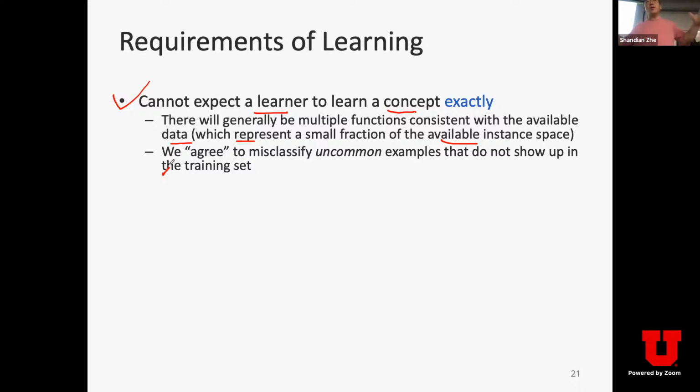That means your training data will very likely ignore those tail cases, or rare cases. Then it is likely that your learned hypothesis will misclassify those uncommon examples. This is not irrational. It's actually pretty reasonable.